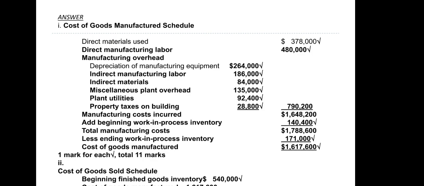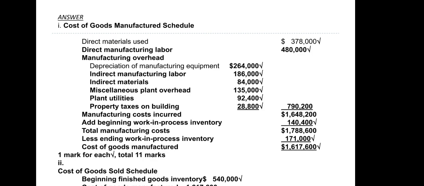And then the third cost that the business has to pay to manufacture product is the manufacturing overhead cost. See here in this example, the manufacturing overhead costs are the depreciation of manufacturing equipment, indirect manufacturing labor, indirect materials, miscellaneous plant overhead, plant utilities, property taxes and building.